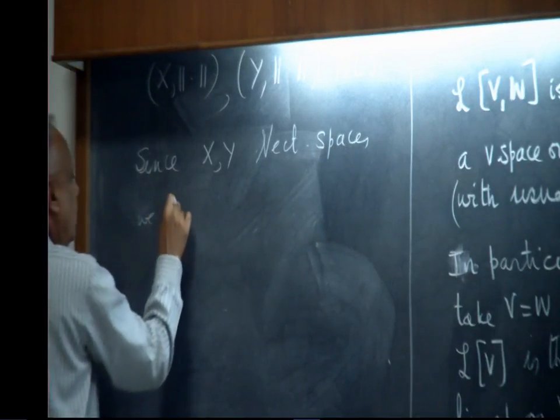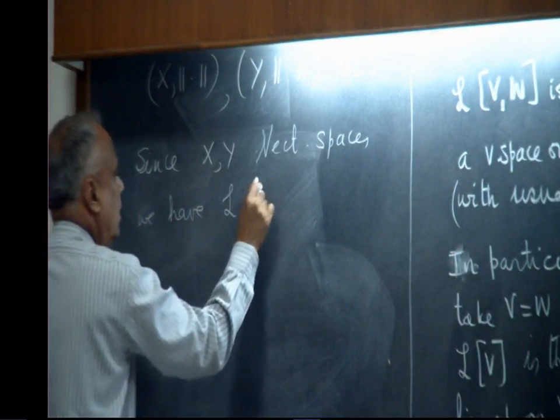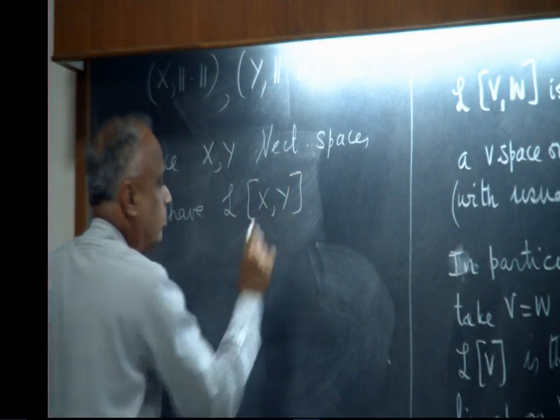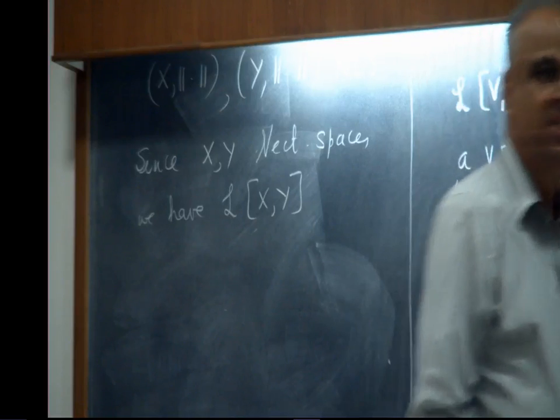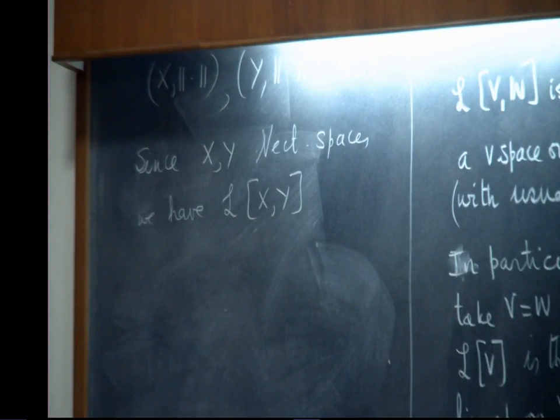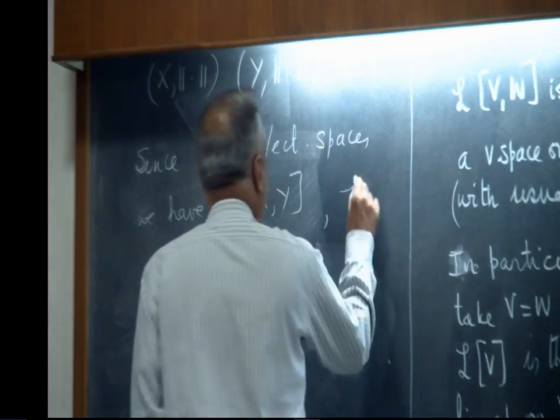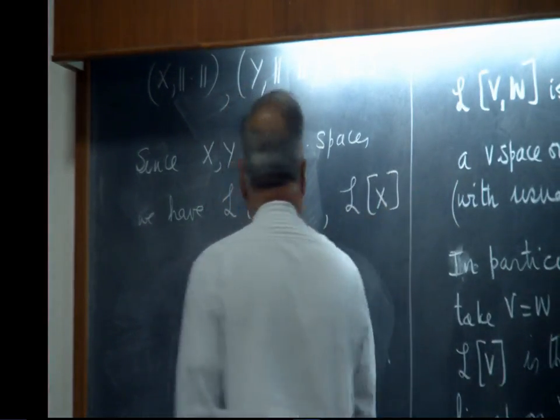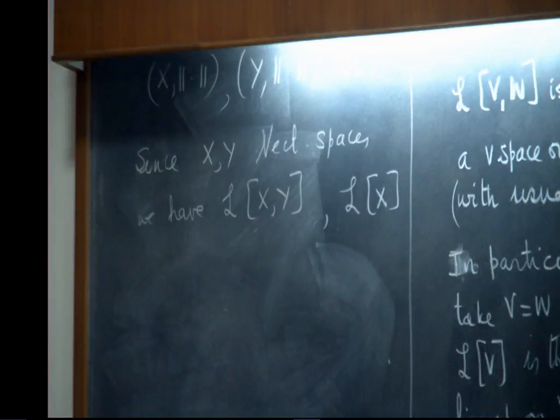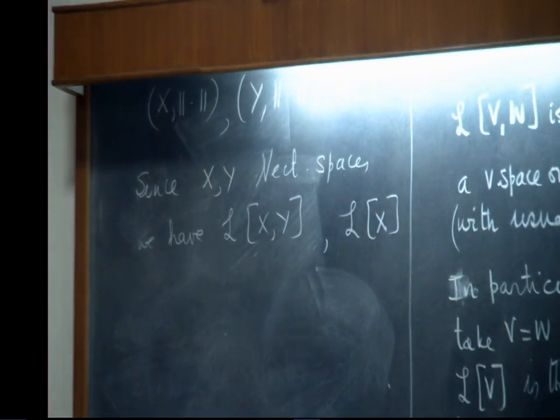We have L(X,Y), the set of all linear transformations from X to Y, which is a linear algebra, and in particular L(X), the set of all linear operators on X, is a linear algebra with identity. L(X,Y) is a linear algebra if X and Y are not equal.